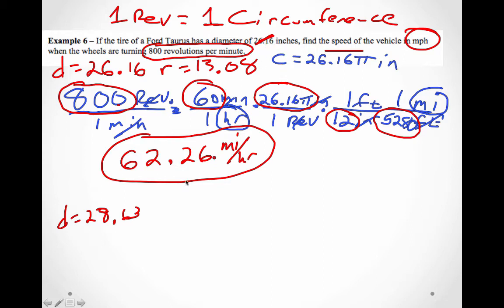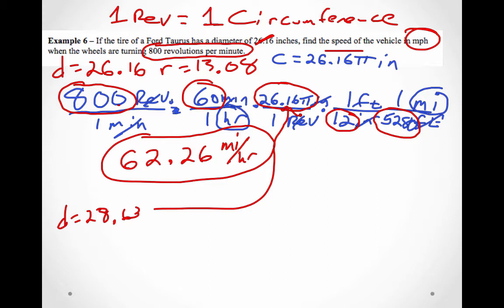So really, right here, I can insert 28.63. So you're going to do the same thing, 800 times 60 times 28.63 pi, divided by 12, divided by 5,280, or put them in parentheses.